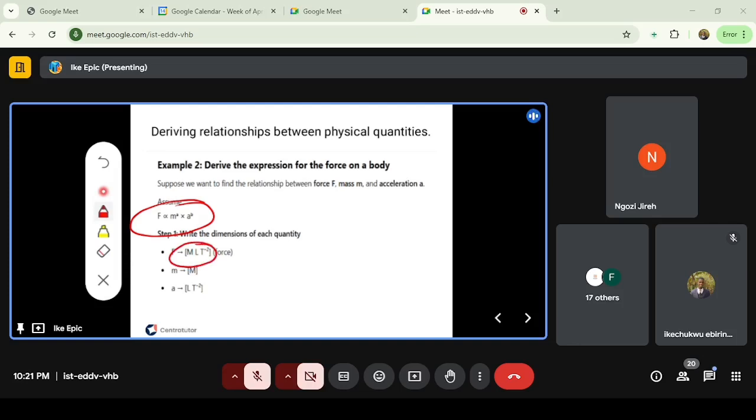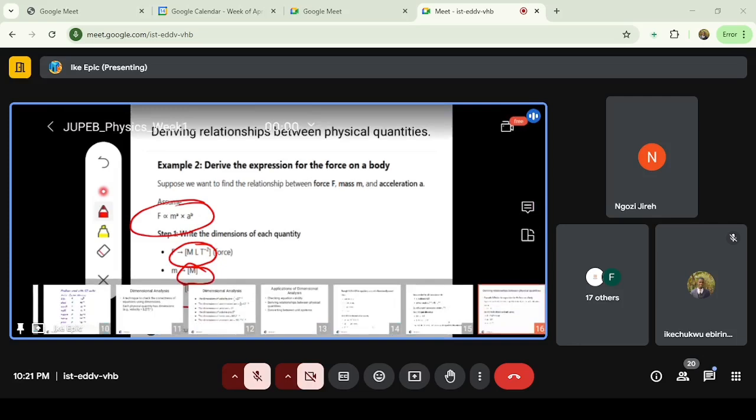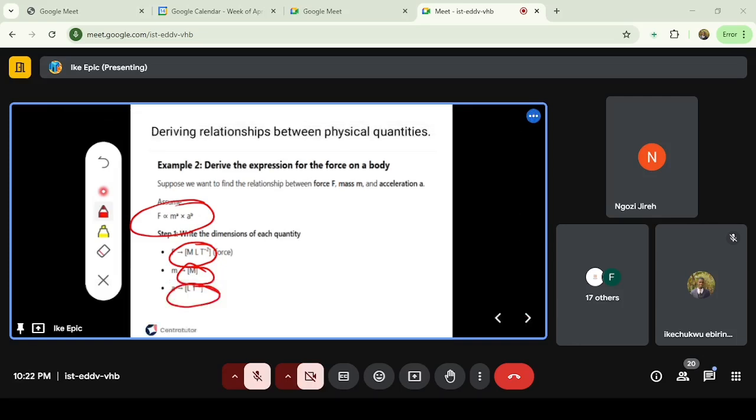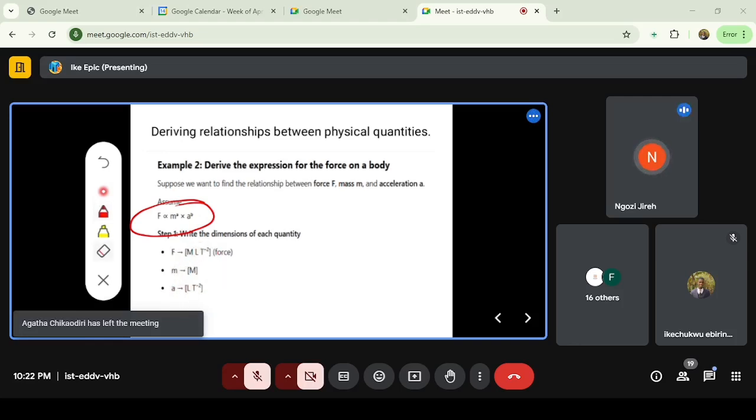We'll replace it as our F. We'll use M and replace it as our m here, raised to the power a, and we'll use LT raised to the power minus 2 to replace our a, raised to the power b. Let me write what I'm saying down here.